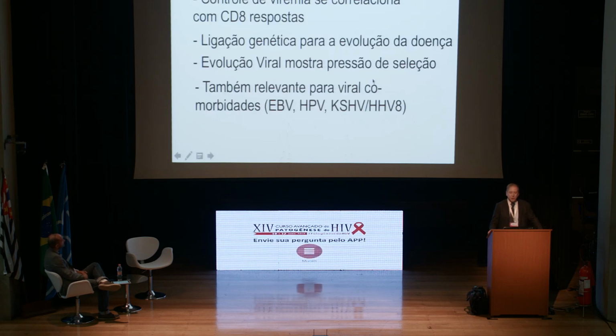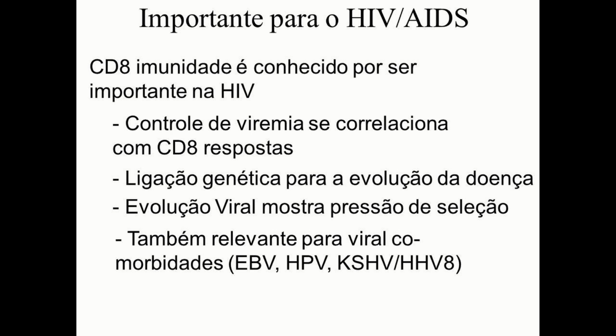In this, we know the CD8 immune response is important for HIV/AIDS. And we know that based on a number of things, some of which are that if you look at the control of viremia after a patient gets infected, there's a correlation of the amount of viremia with the CD8 T cell response.